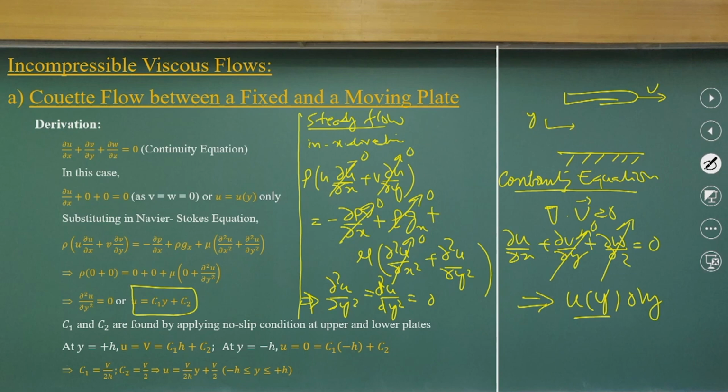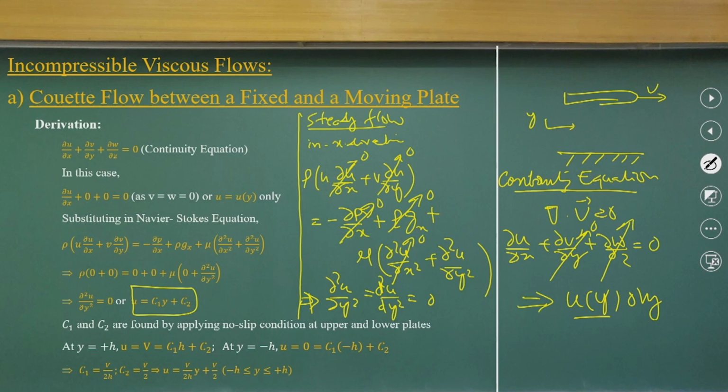It looks very complex, as we have used nonlinear equations like the Navier-Stokes equations and the continuity equation, but at the end of the day we come back to a simple ODE where we can get analytical solutions, having two constants C1 and C2, which we can get by applying the boundary conditions.